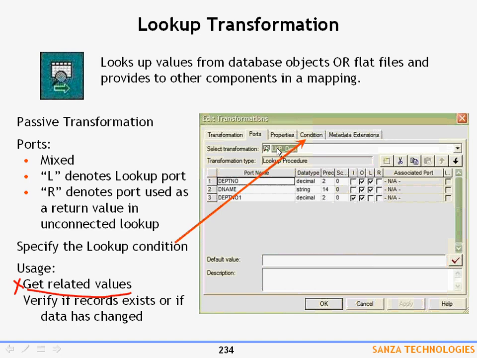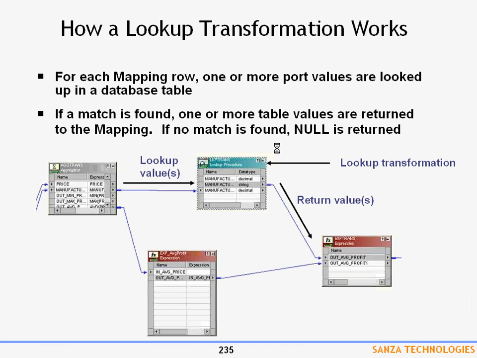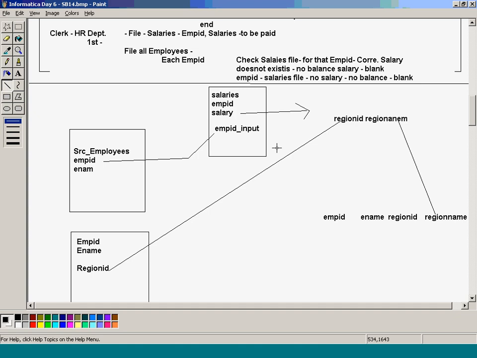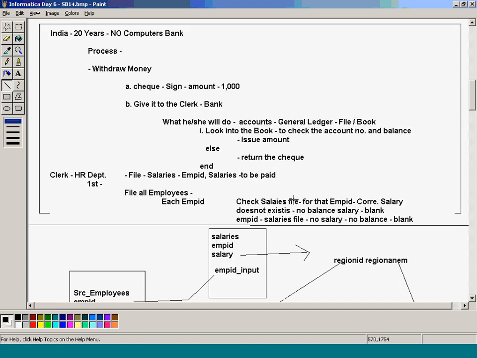If one or more values are looked up in a database table or a flat file, if the condition is true, it will return the value. If the condition is not true, it will return a null value. The functionality of lookup is like this.